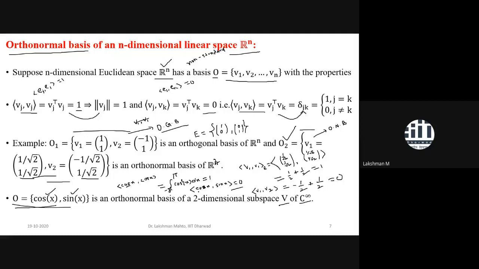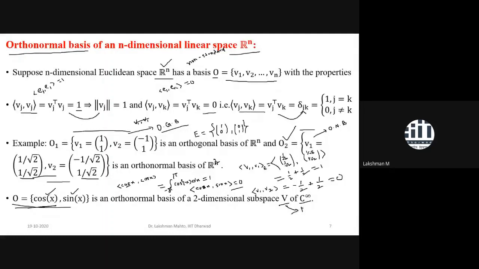That is equivalent to finding the integral of the product of cos x and sin x in the interval minus π to π, which is 0. You can easily verify that.